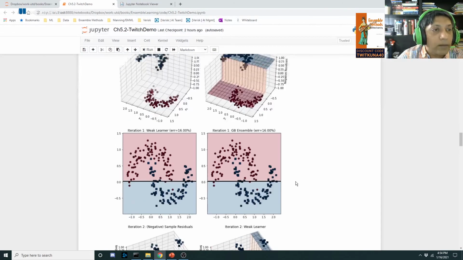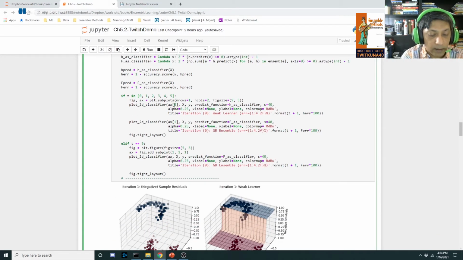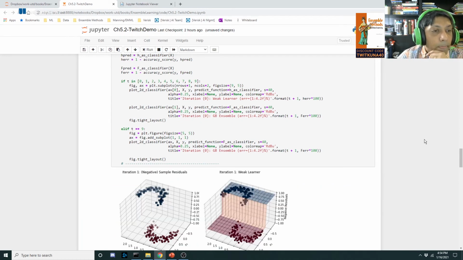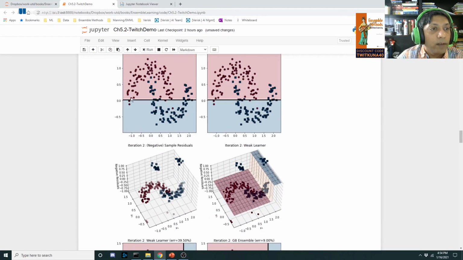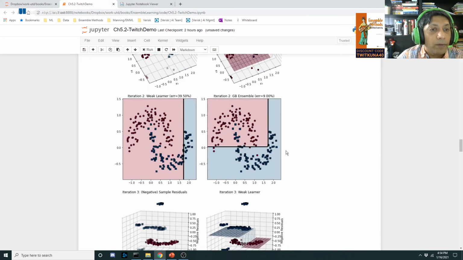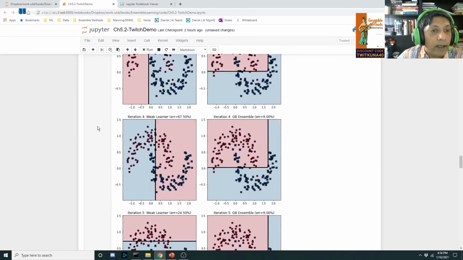And so let's actually rerun this for all of them, right? Let's make this 6, 7, 8, 9. Just so we can explicitly see what all of these weak learners turn out to be, right? So in iteration 1, this is our first weak learner. This is our overall model. Iteration 2, overall model. And now you can see what each of these are looking like.